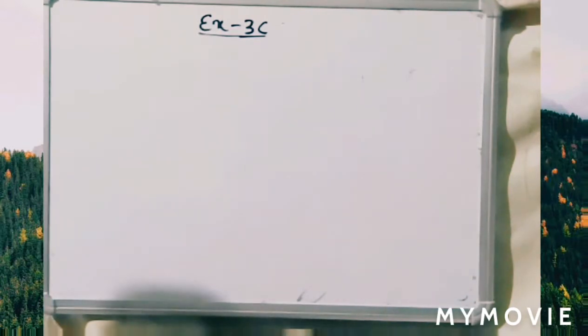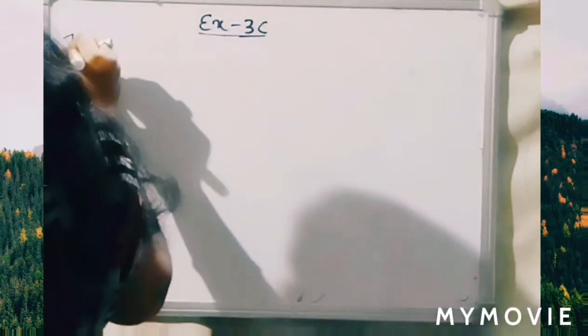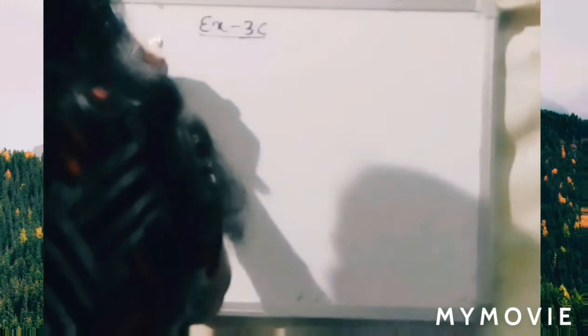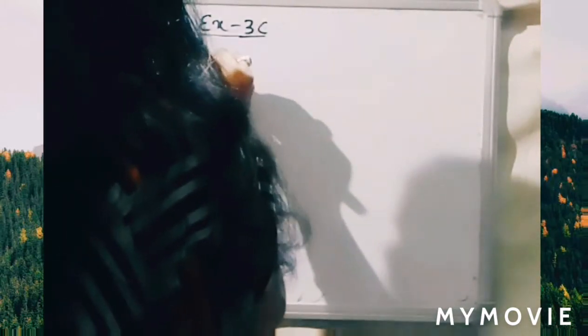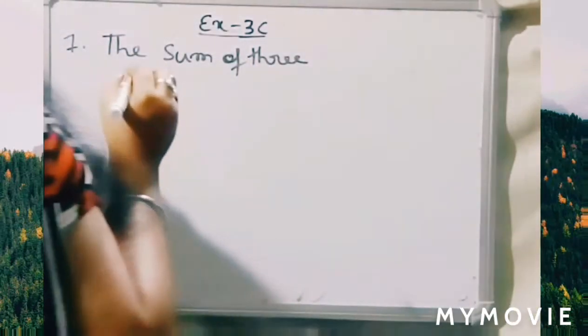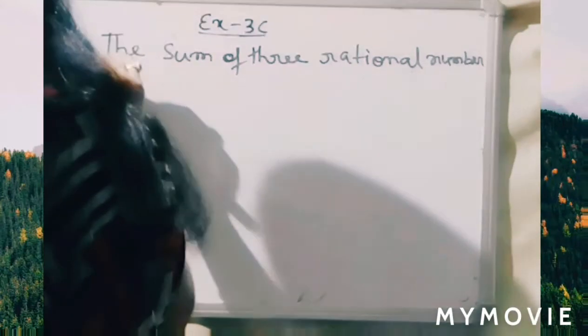Let me do question number 7 and 8 because this question is a little bit tricky. The sum of three rational numbers is 10.